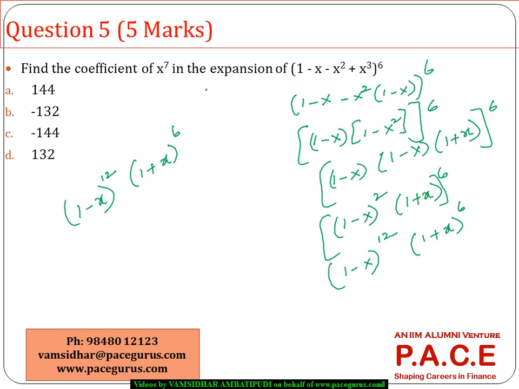Now I want the coefficient of x power 7. Each of these terms multiplied with each of these terms is what could result in the various combinations of the x power 7 term, right?